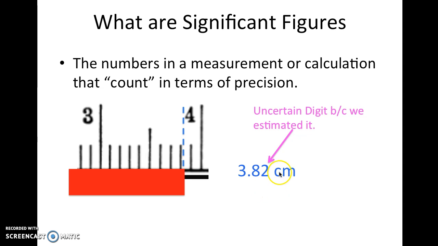So in getting that measurement, that last digit, that 2 there, I estimated, and that's called our uncertain digit. When we're talking about significant figures, the last digit is always the uncertain digit, the one we're always estimating.